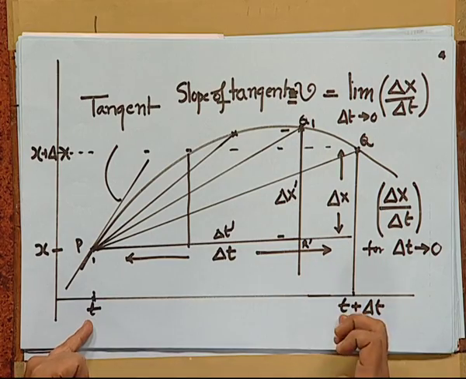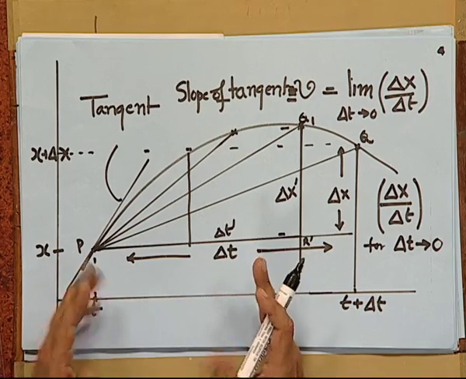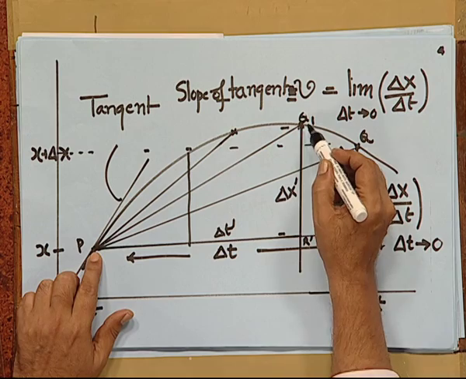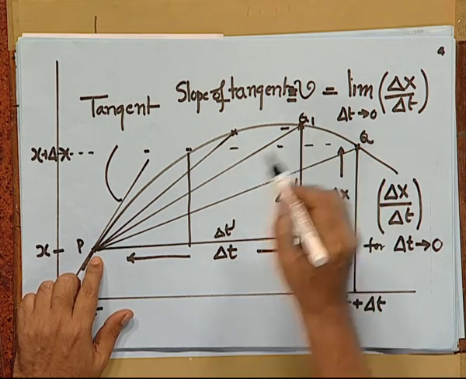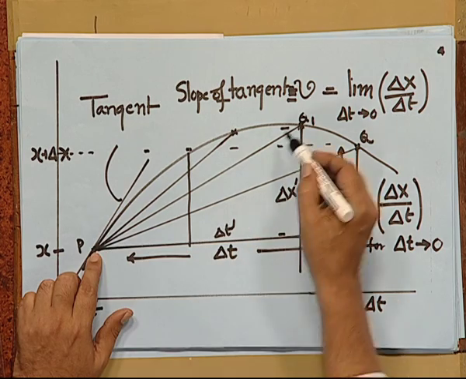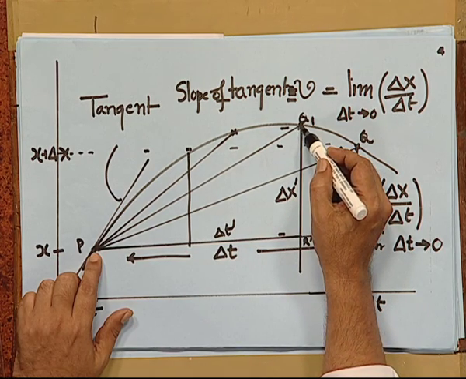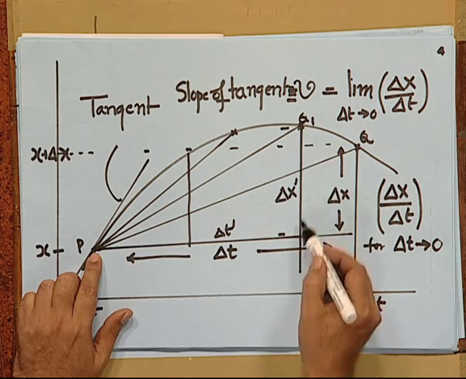Now, look what I am going to do is to reduce this time interval between t and t plus delta t. Consider an interval of time which is smaller than this. At that instant of time, the object is at Q dash. Join the line P Q dash and form the right angle triangle.